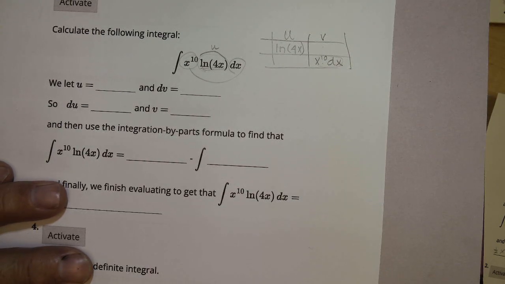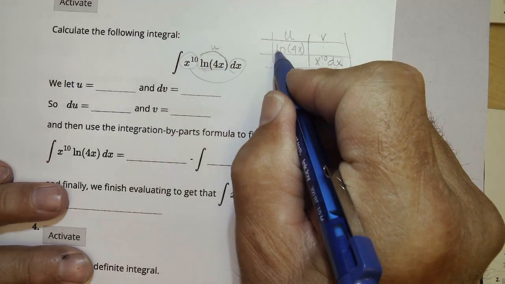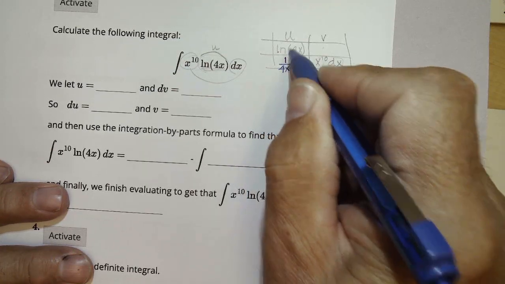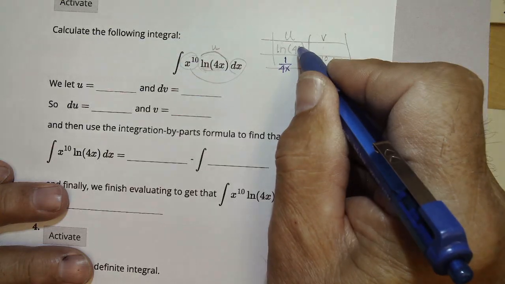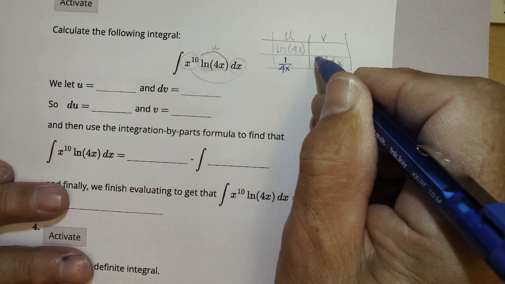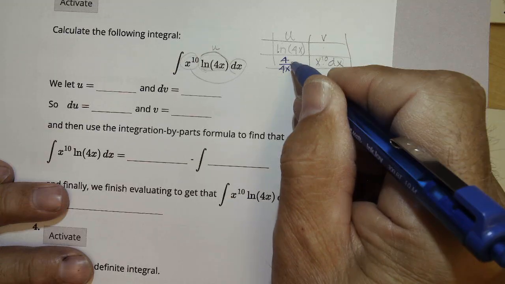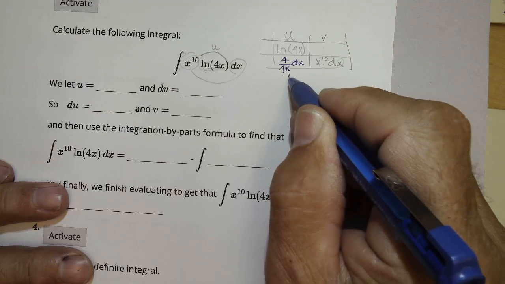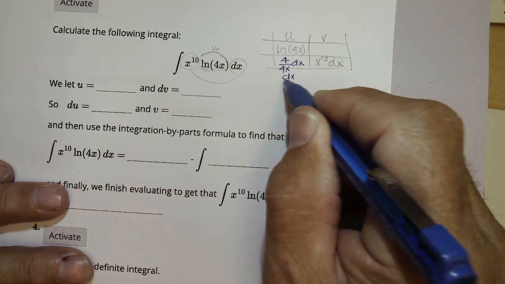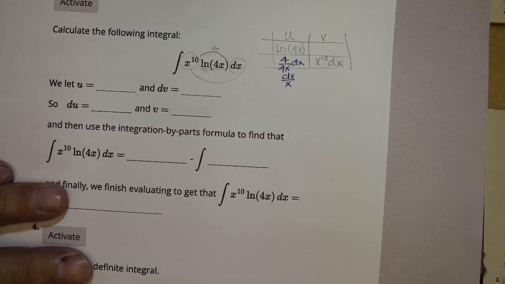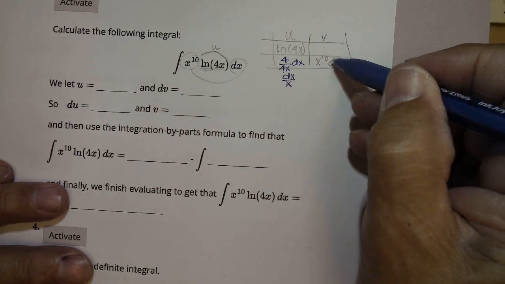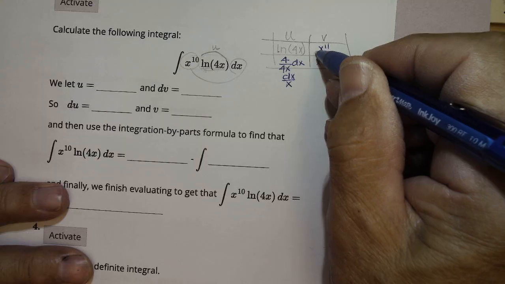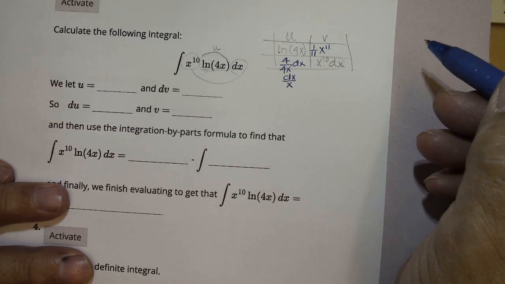So then I've got to figure out some derivatives and antiderivatives. The derivative of ln of 4x is 1 over 4x, derivative of natural log is 1 over whatever it is, times the derivative of the inside, which should be times a 4 dx. The 4's would cancel, so really it's just dx divided by x. And the antiderivative of this we'd have to add 1 to the power, so that'd be x to the 11th divided by 11, or times 1/11.